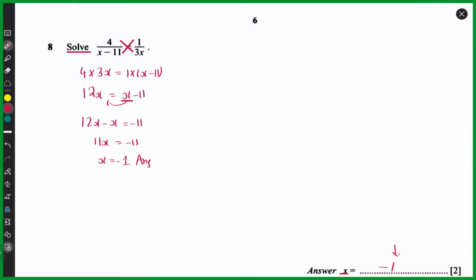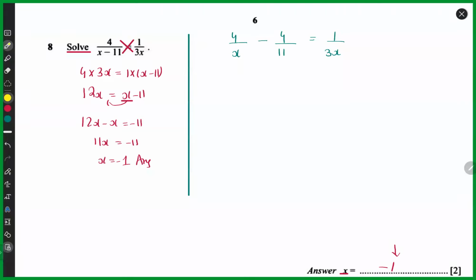For example, let's say this wasn't the question. You had some other question: 4 divided by x minus 4 divided by 11 equals 1 by 3x. Just assume that this was the question. Now, what do you guys think? Are we supposed to cross multiply here? No. Very good. Why? Because there are two fractions on one side. Very good.